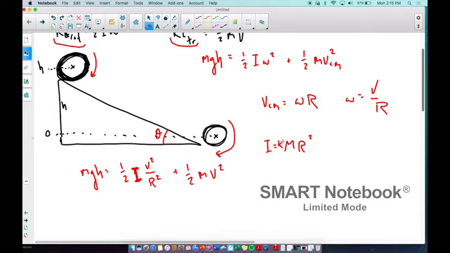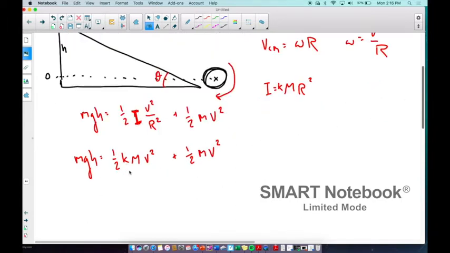Let's plug this in with K and see what we get. So now we could play around with this based on the shape of the object. For example, a hoop has an I value of just mr squared, doesn't it? So in other words, the K right here is equal to 1.